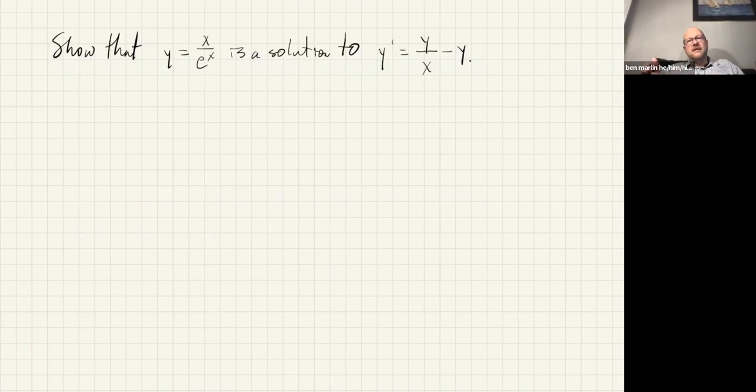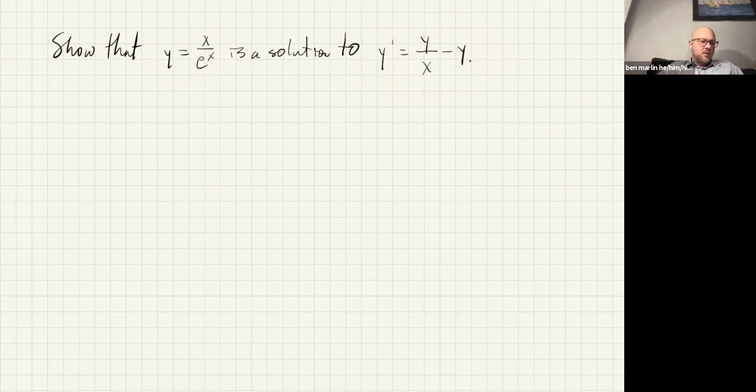Everybody always thinks that those problems are super duper hard, but they are in fact meant to be super duper easy, okay? The notion is if you're asked to show that some function satisfies some equation, then you figure out what the left-hand side of the equation is, and you figure out what the right-hand side of the equation is, and you show that they're equal.